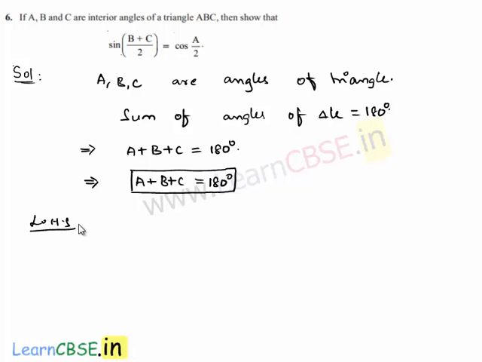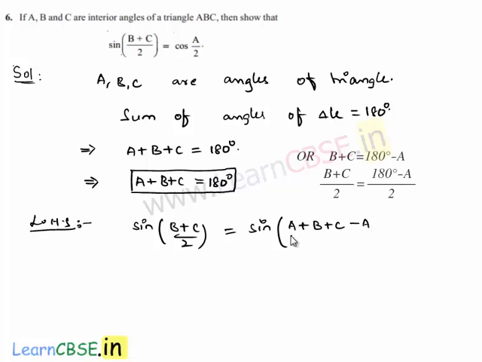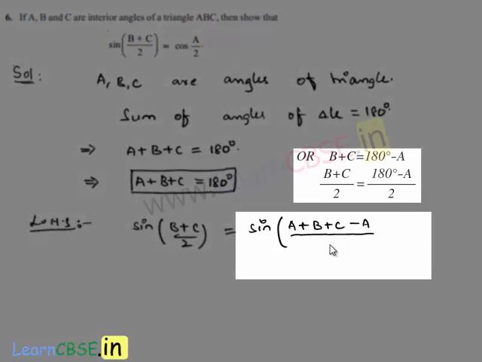let us consider the left hand side, that is sine of (B plus C) by 2, that will be equal to sine of, here in the numerator let us add A and subtract A from B plus C, then it will be (A plus B plus C minus A) by 2.